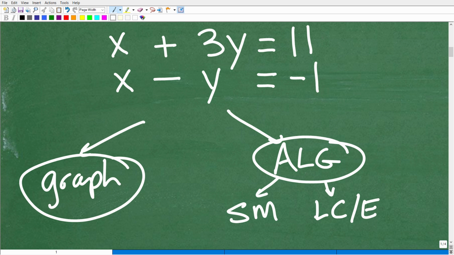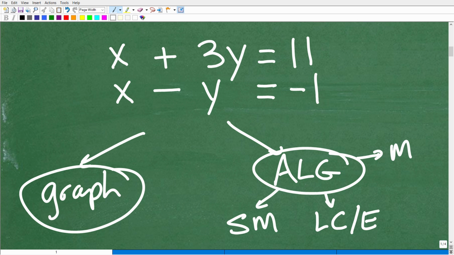So you have these two options, and then later on, like in second year algebra courses, college algebra, you have other techniques that deal with matrices to solve systems. Because as you continue to study algebra, you're going to get involved with three variable linear systems.